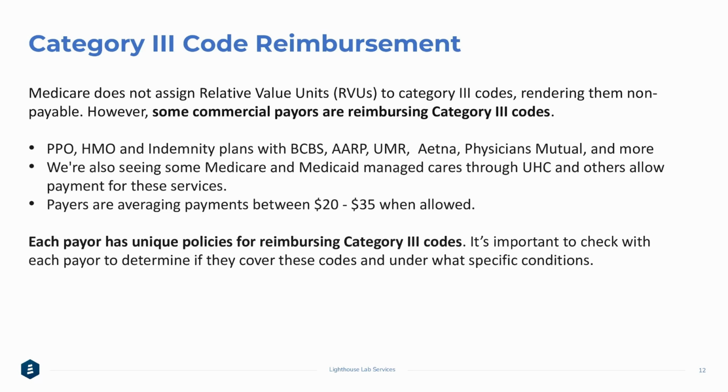We have some PPO, HMO, indemnity plans with Blue Cross Blue Shield, ARP, UMR, Aetna, Physician Mutual, and more. And then we're also seeing some Medicare and Medicaid managed cares go through UHC and allow payments for these services. And typically what we are seeing is an average payment between $20 and $35 when these are allowed.